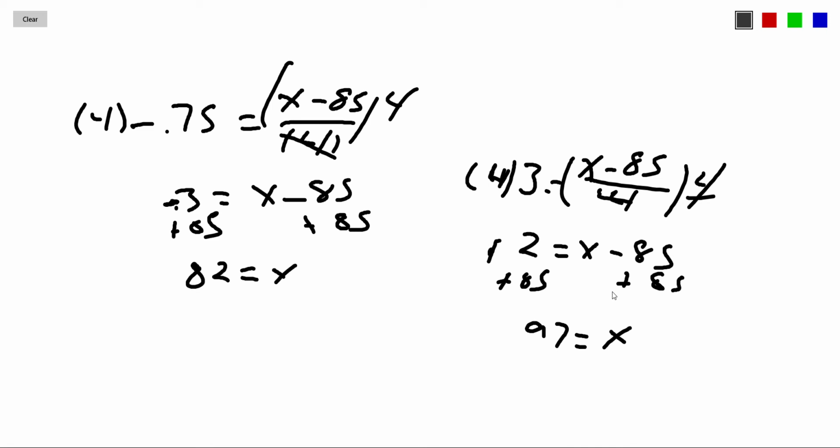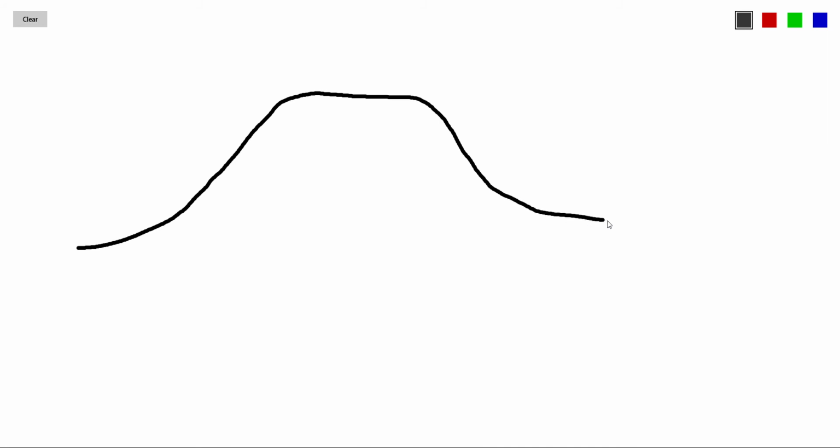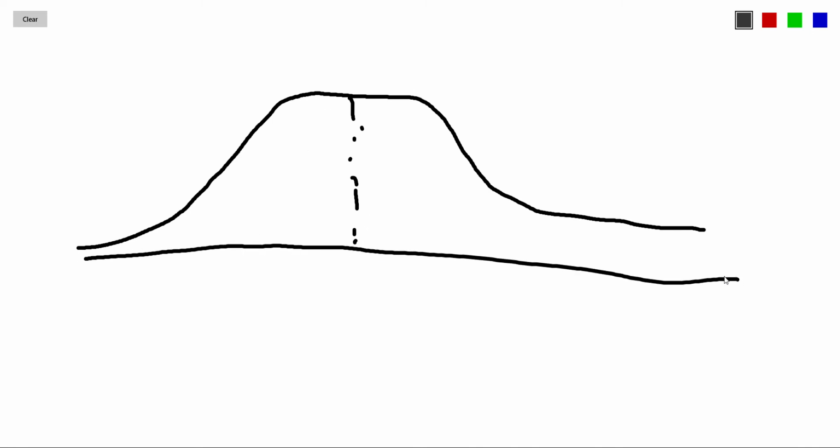And so when you get here to draw your bell curve, I want to draw it like this. And so put whatever your mean is right here, what the number is. So when you find out the mean, you would do that. And then standard deviation.